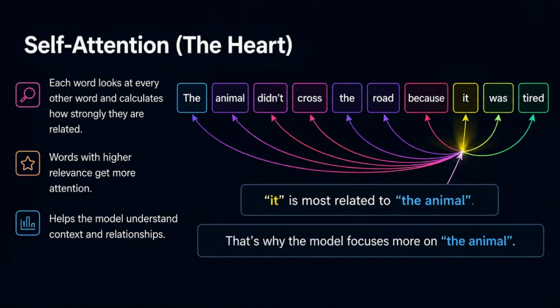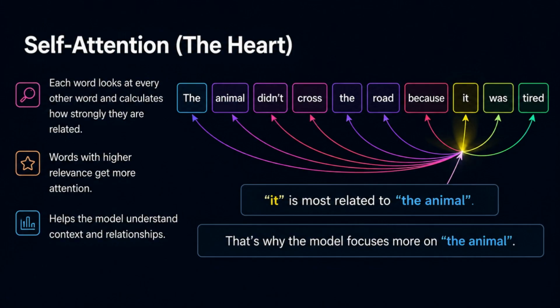Let's see self-attention. Now we reach the heart of the transformer. Suppose we have this sentence: The animal did not cross the road because it was tired. What does "it" refer to? The transformer compares it with every other word in the sentence. It calculates how strongly each word is related. Words with higher relevance receive more attention.